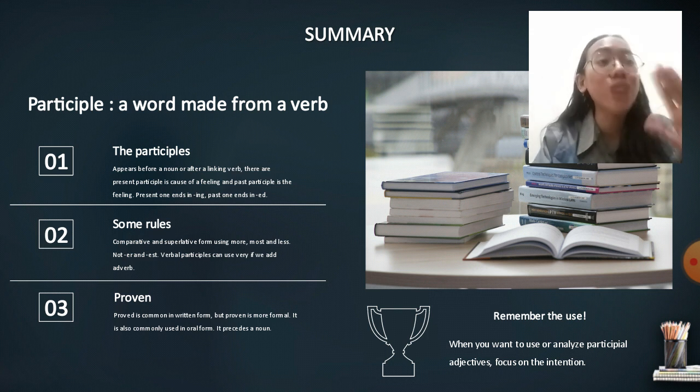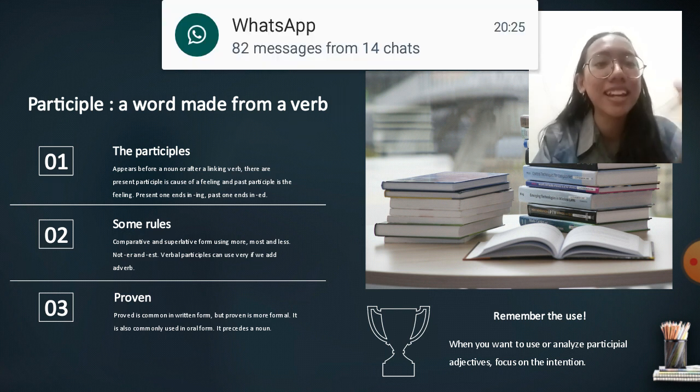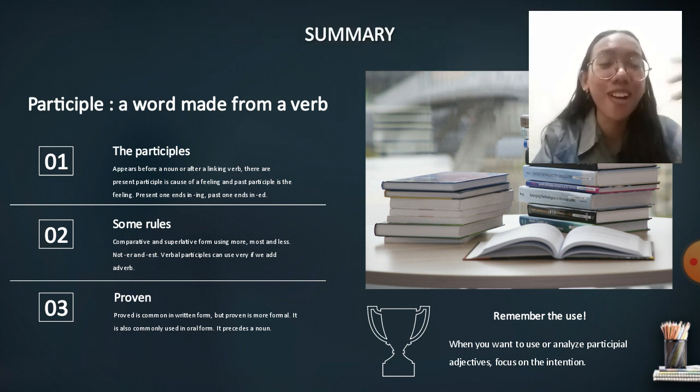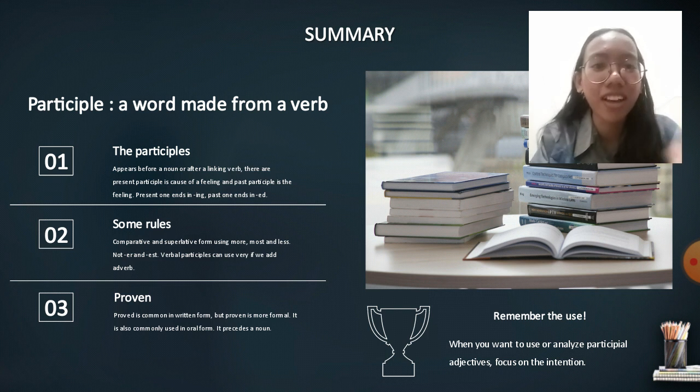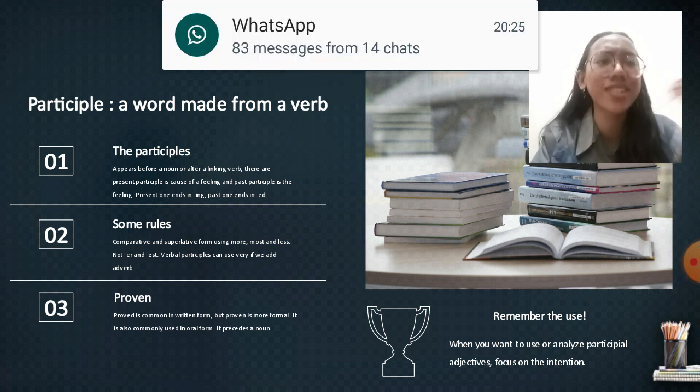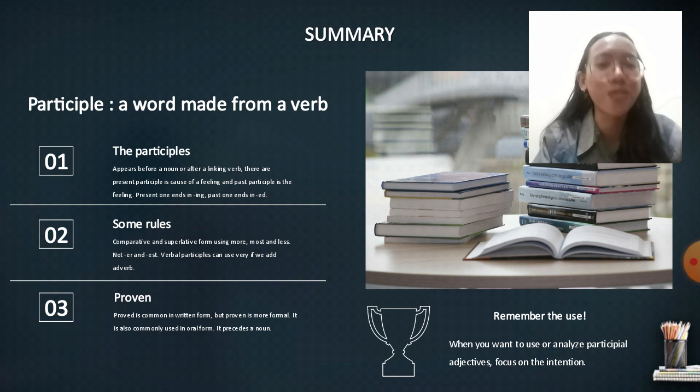Nice. And there are some rules, friends, that we have to remember. Comparative and superlative forms of participial adjectives use more, most, and less. We can't use er and est, like interestingest. That is not right. And then verbal participles can use very if we add an adverb.